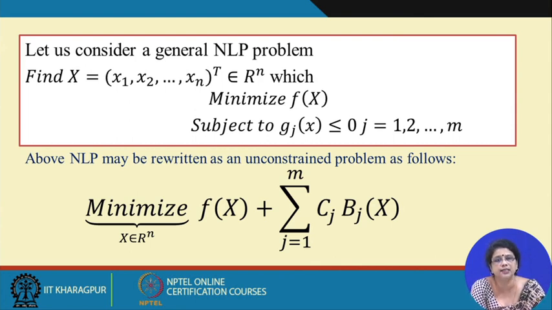When we add these two terms, we cannot expect that the function will always be unimodal within a range of definition. That is why, if you want to apply the region elimination technique, we have to break the intervals into different parts, and in different parts we need to check the unimodality of the function, then only we can use the region elimination technique.